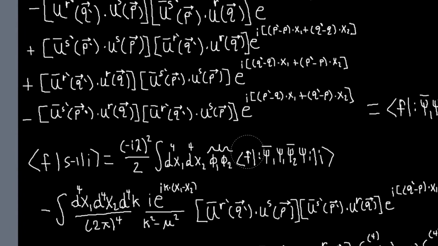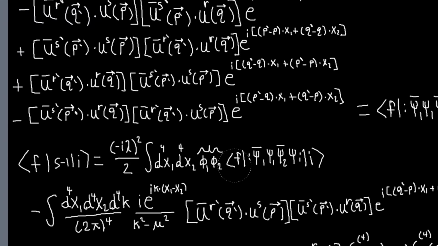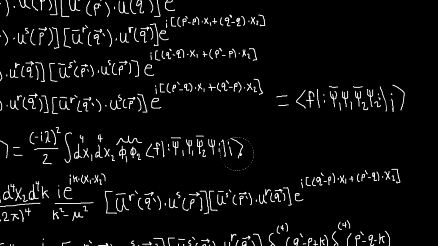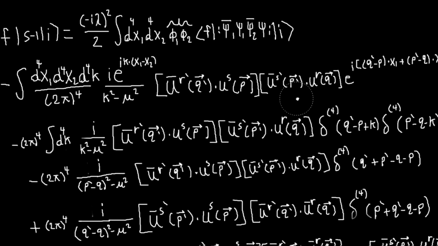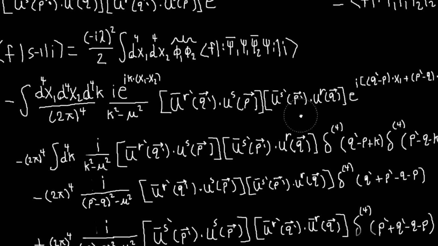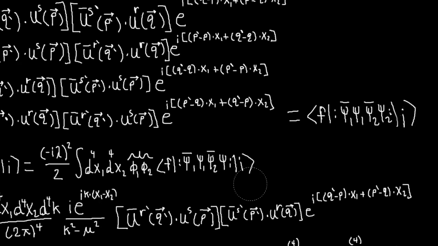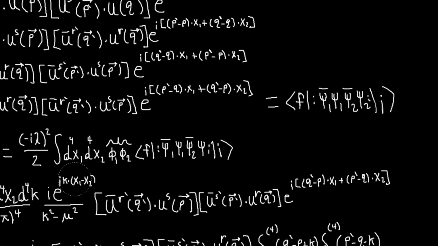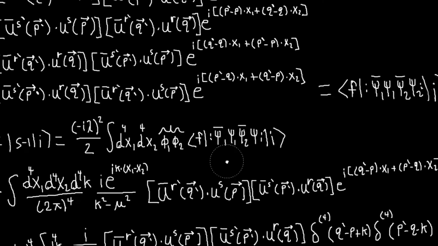We just have to write out this contraction. It's our usual scalar contraction, our Feynman propagator, because we're contracting just the scalar field. So we get this. If we take a look at one of these terms, this exponential is going to multiply through, just like what we did before.